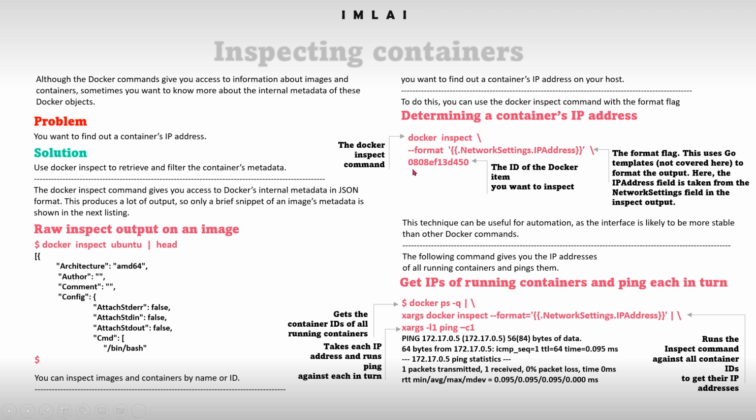Here you will find the ID of the Docker item you want to inspect, and here you can use a format flag. The format flag uses Go templates to format the output. So here the IP address field is taken from the network settings field in the inspect output.